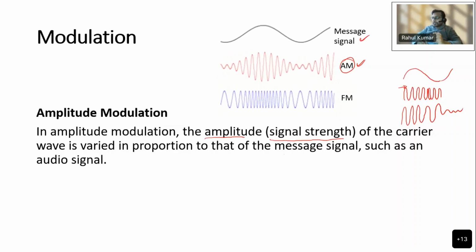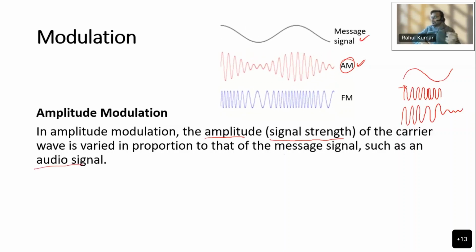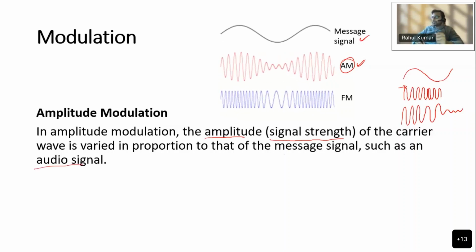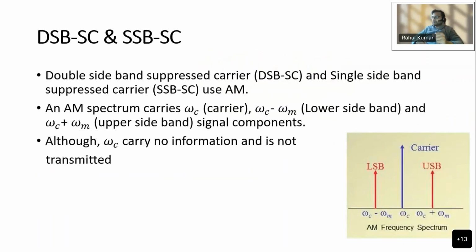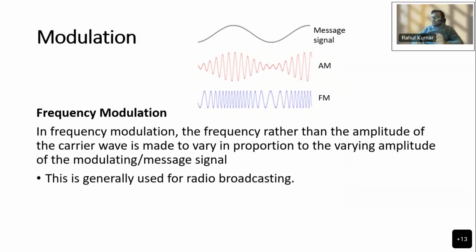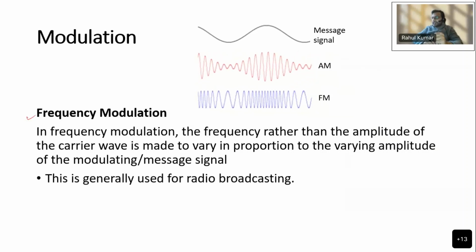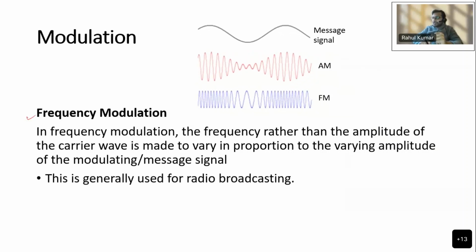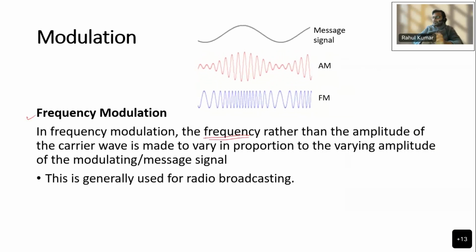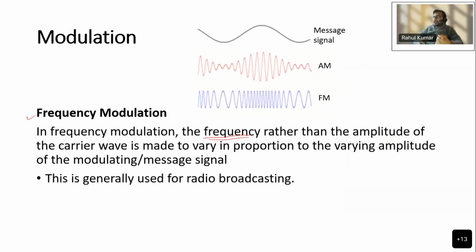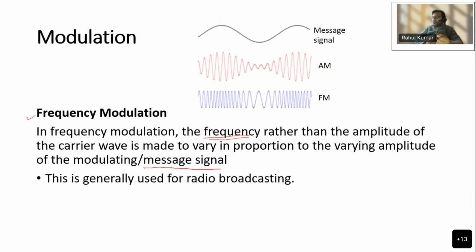The message signal could be anything, such as an audio signal. Now, the second type of modulation is frequency modulation. In frequency modulation, the frequency of the carrier signal is varied according to your modulating or message signal.